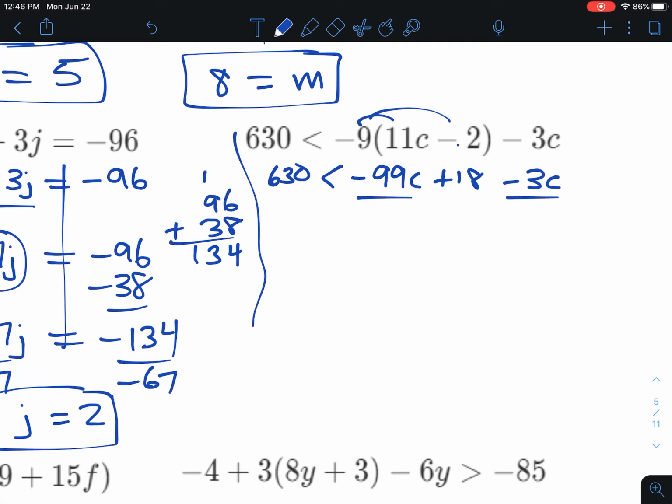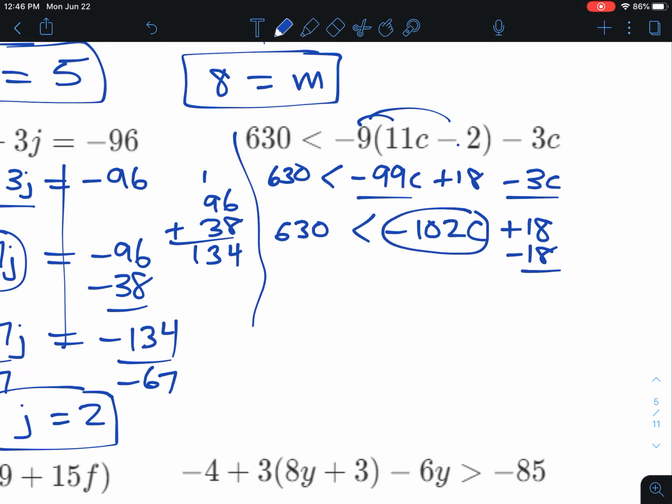Then let's combine like terms. You get negative 102c plus 18. Bring this down. Two-step, can't touch that. Move the 18 by doing the opposite. So we get 612 is less than negative 102c.